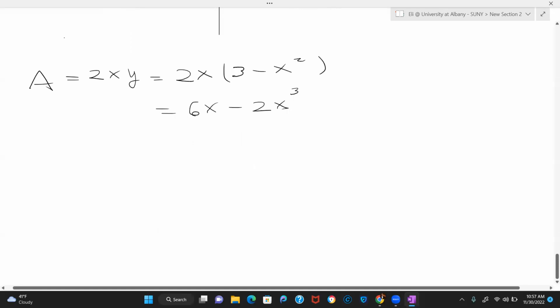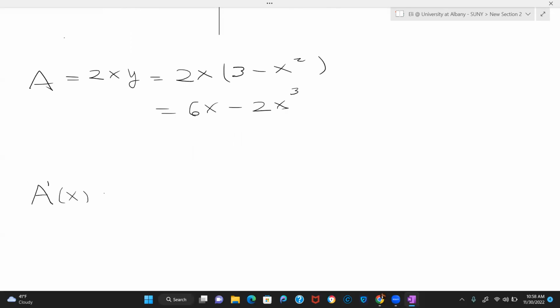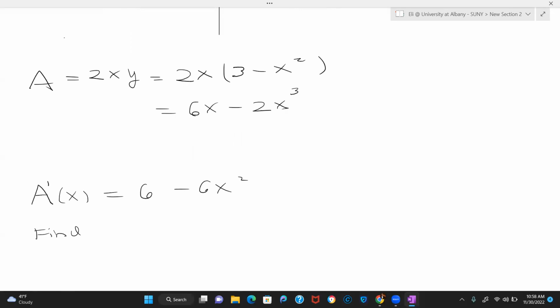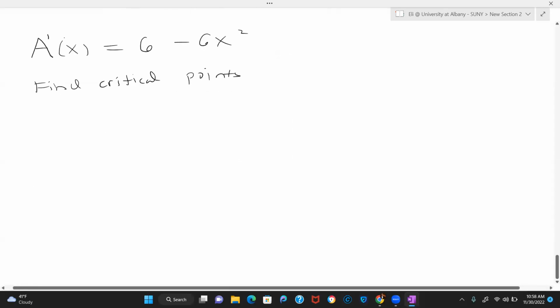All right, so we want to maximize the area, so we need to take the derivative. So we get 6 minus 6x squared. That's the derivative, and now we need to find critical points. Because remember, if you have a minimum or a maximum, they're going to occur at critical points.